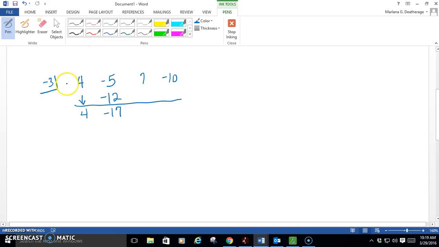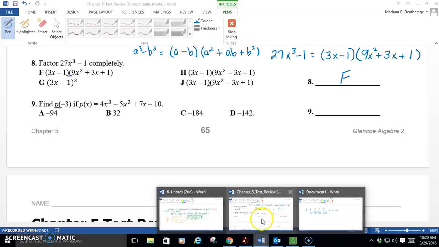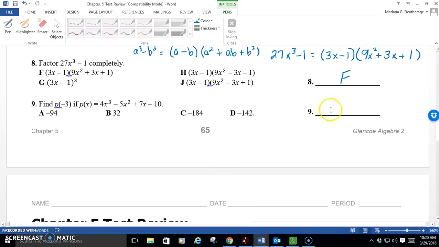Negative 17 times negative 3, I did that earlier, is a positive 51. 7 plus 51 is 58. 58 times negative 3 is a negative 174. So negative 10 combined with a negative 174 is a negative 184. So P of negative 3 is equal to negative 184, which would be C.